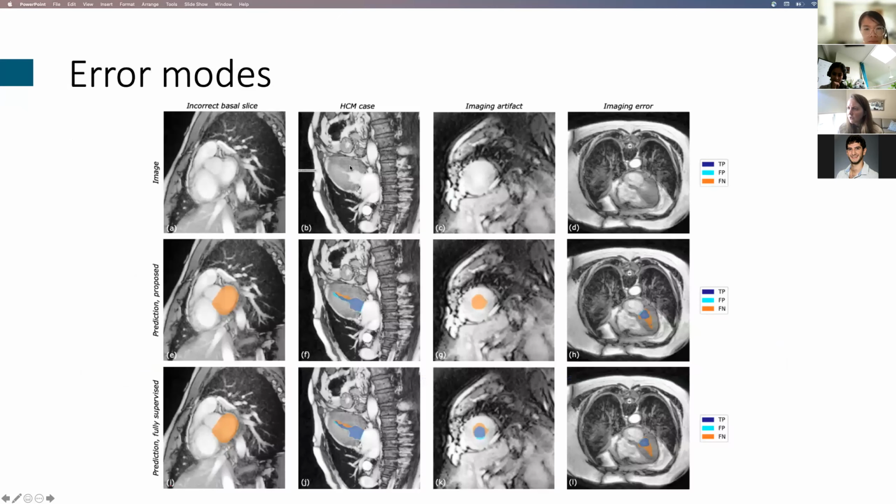These small left ventricles, like here in B, occur maybe 1 in 15 patients or something like that. Don't quote me, that's just from what I feel like from looking at all the images. But these tiny left ventricles are hard to segment, and they're hard for doctors to segment too.